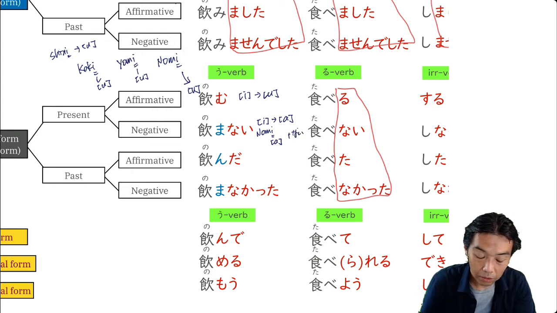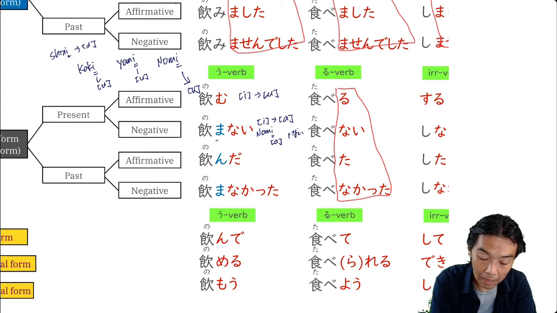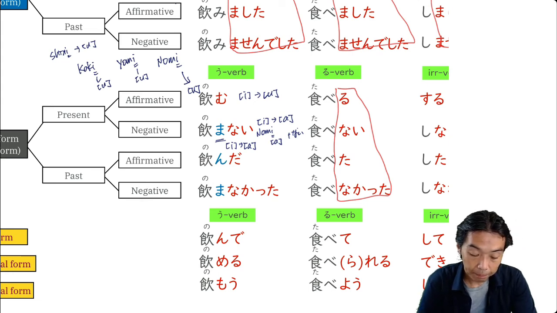You get ma because you changed the i sound to a sound, and then add nai. So it becomes nomanai, yomanai, kakanai, and shinanai.